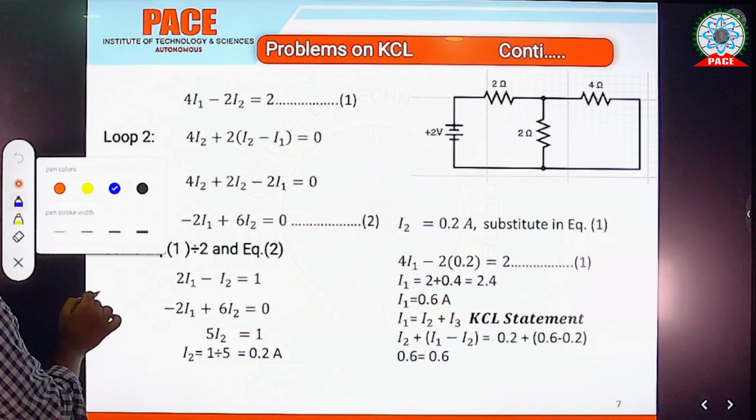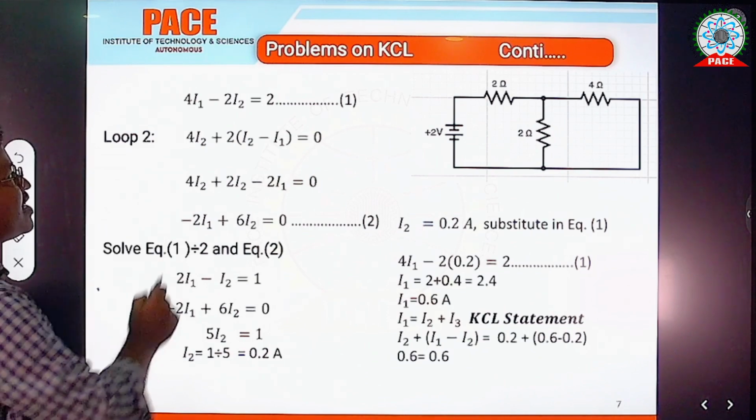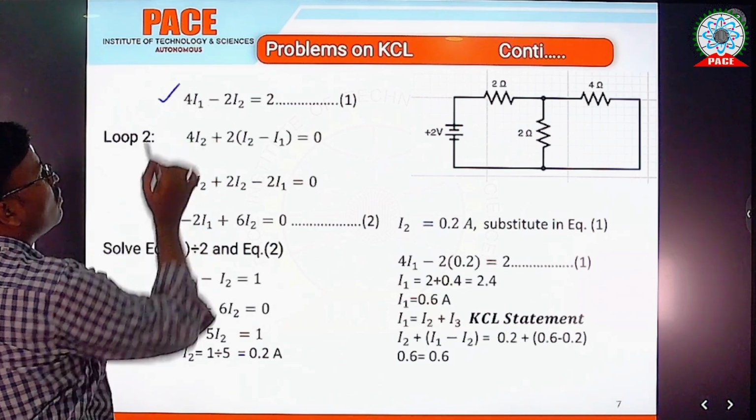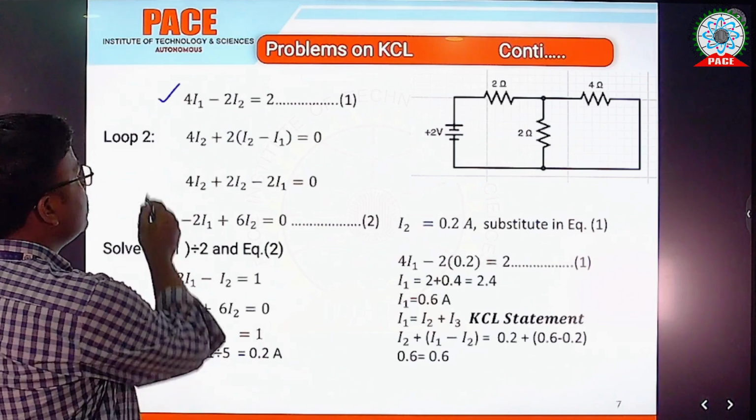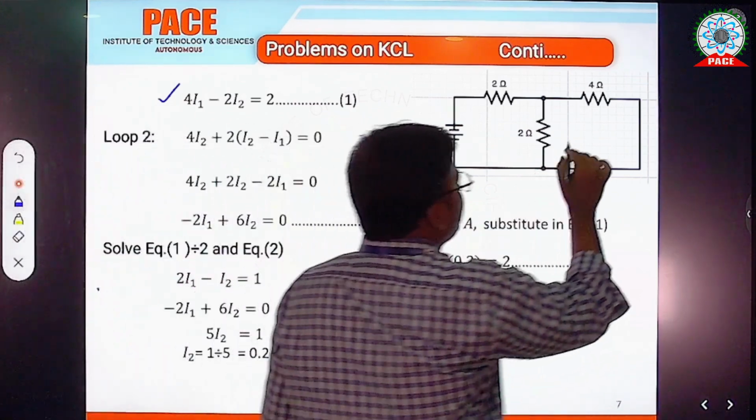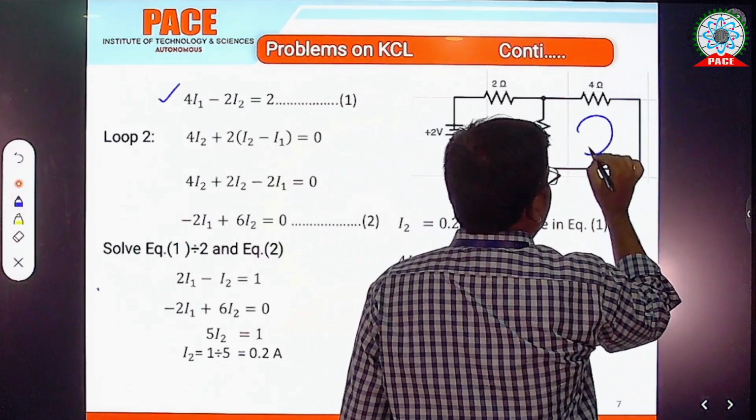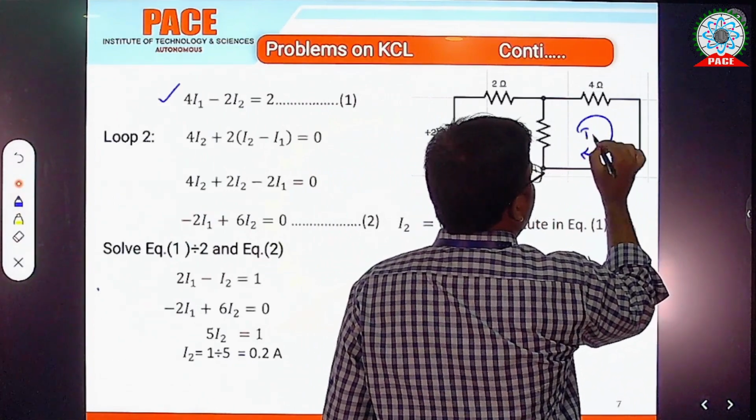From the first loop we got equation 1. Now we take the second loop. The current flowing across the second loop is I2.